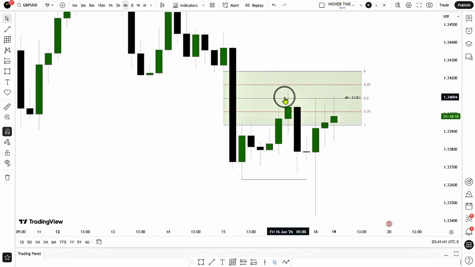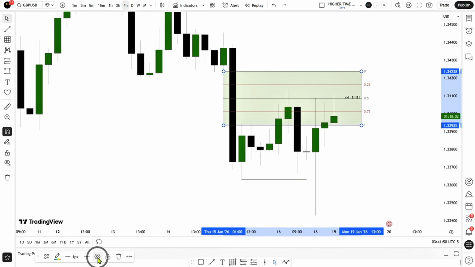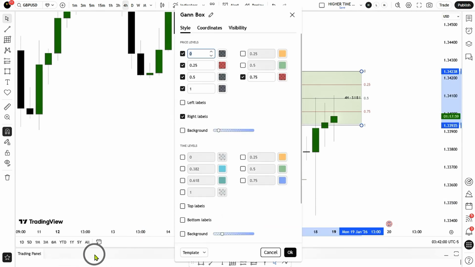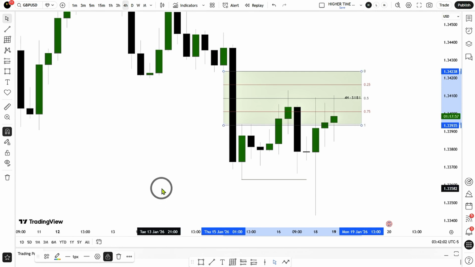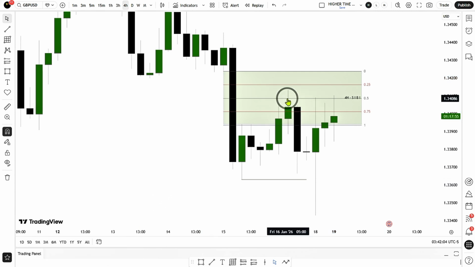Does this mean the fair value gap is no longer valid? No. This gap is still valid, and this is how. That scenario just gives a high probability condition of the fair value gap.